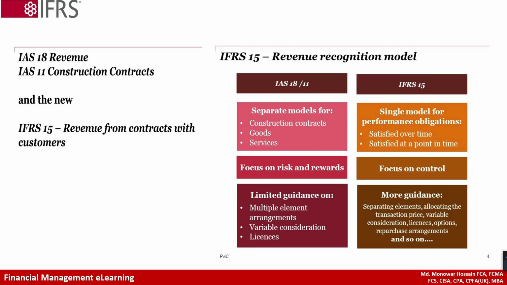There were some limitations on multiple-element arrangements, variable consideration, licensing, etc. Now, in the new IFRS 15, revenue from contracts with customers is a single model for performance obligations satisfied over time or at a point in time, and it focuses on control, with more guidance on separate elements, allocation of the transaction price, variable consideration, licenses, purchase arrangements, and so on.